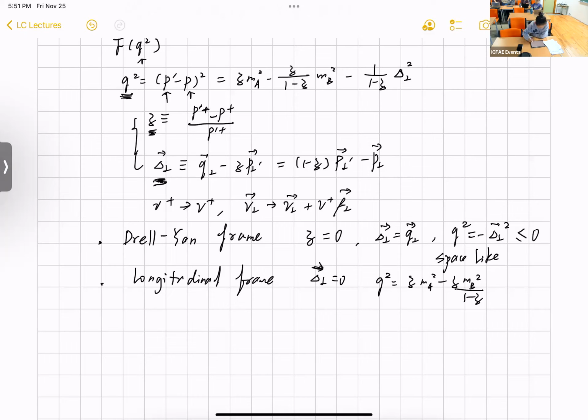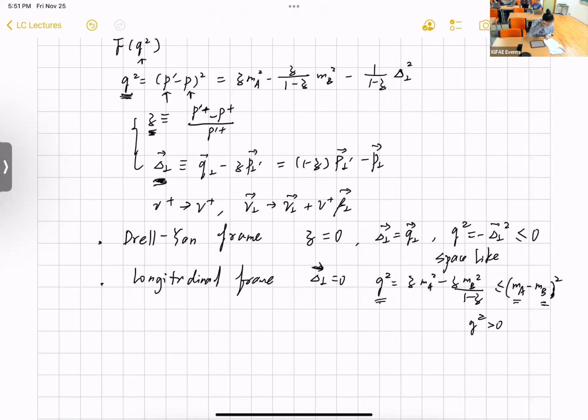And then the upper bound for Q square in this frame is (M_A minus M_B) square. Of course, for elastic process it's still smaller than 0, but for transition process, when the two mesons have different mass, the nice thing is we could access some information for a time-like photon, when the Q square is larger than 0.